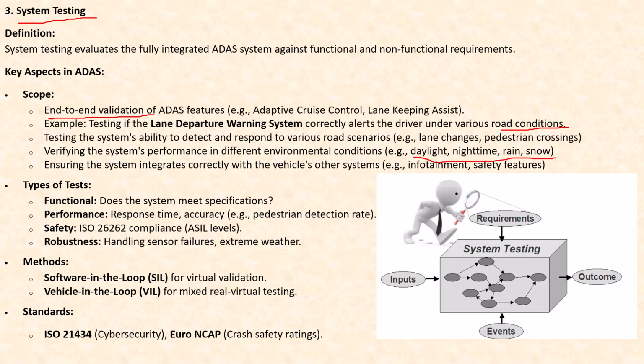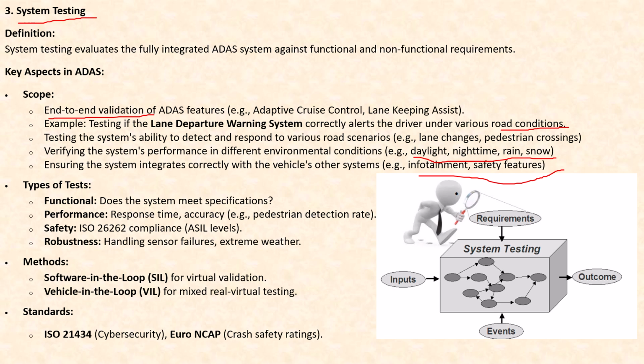And also ensuring that the system integrates correctly with the vehicle's other systems. Okay, for example, nowadays in high performance computers, the ADAS functionality, infotainment functionality, body control module functionality, all are integrated into one particular hypercomputer, high performance computer.